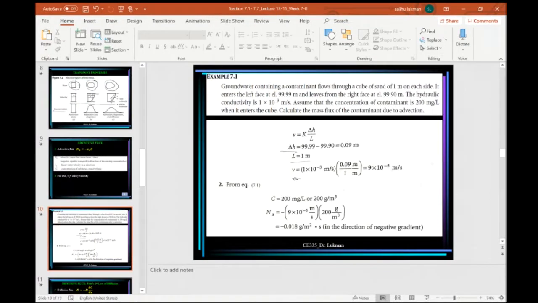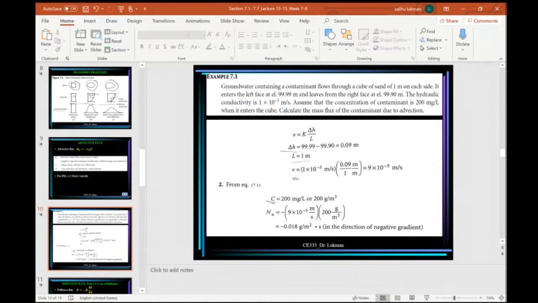Then we have the concentration provided in the problem, the concentration of the contaminant, 200 milligram per liter, which we can convert to gram per meter cubed. Because 1 liter is 10 to the power minus 3 meter cubed, and 1 milligram is 10 to the power minus 3 gram, so 1 milligram per liter is equal to 1 gram per meter cubed.